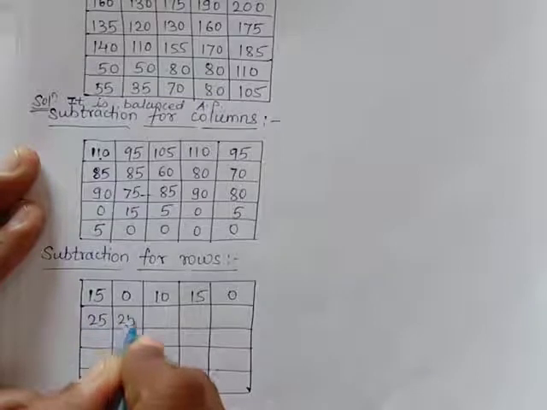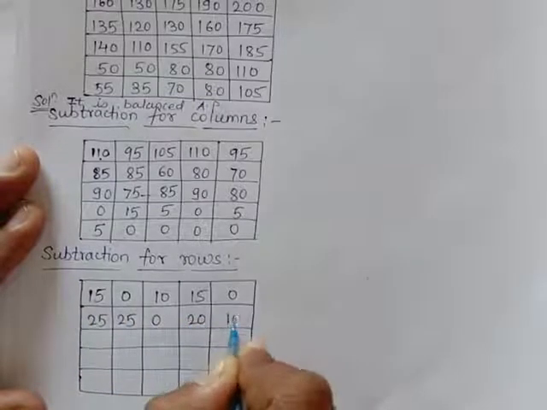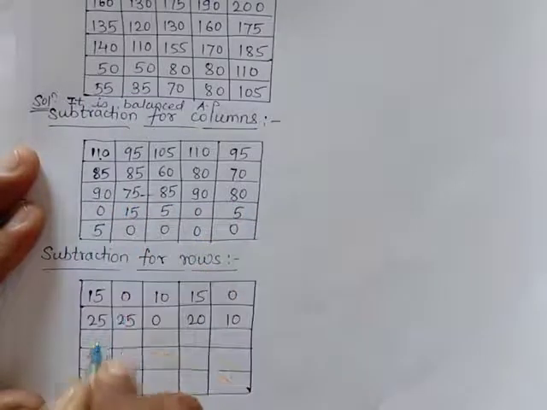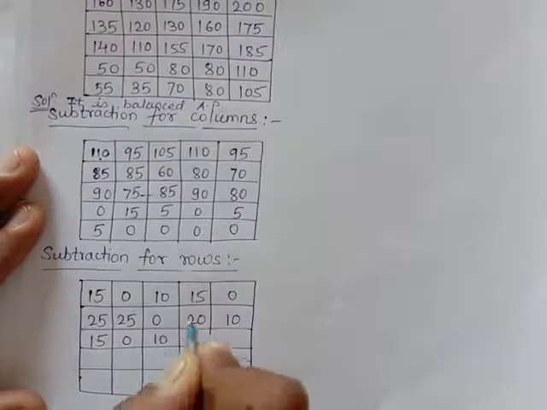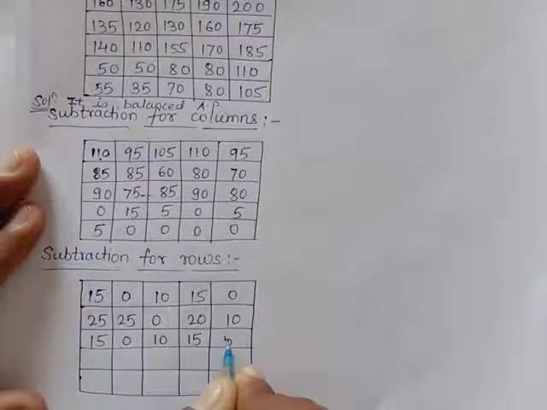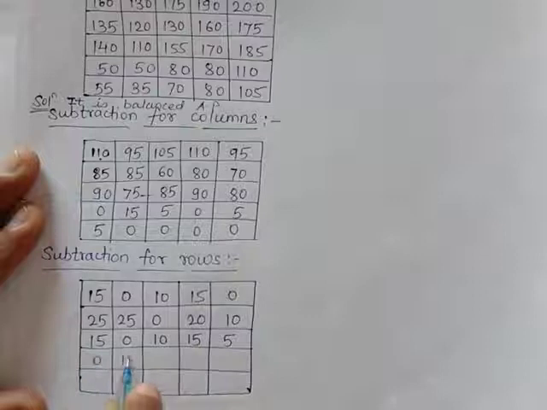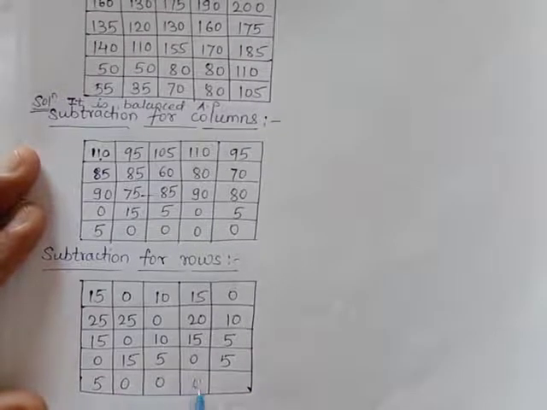There also 25. Here 0. Here 20 and 10. Here the minimum is 75. So here we get 15, 0, 10, again 15 and 5. Okay. These rows remain the same because the minimum is 0. 0 gets subtracted. It doesn't affect. Here 5, 0, 0, 0, 0.